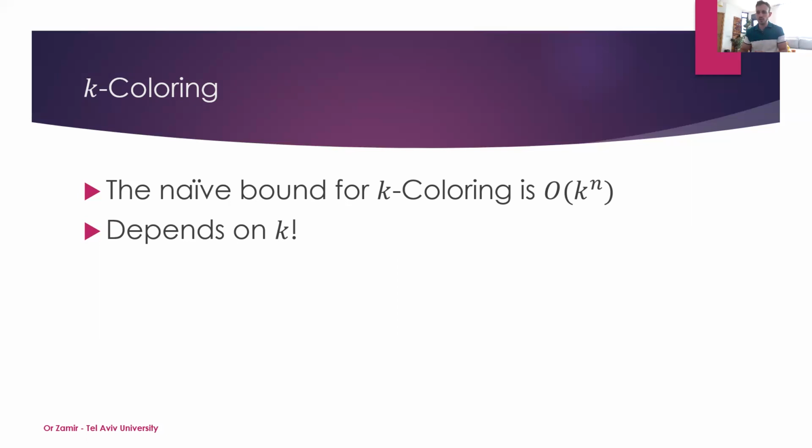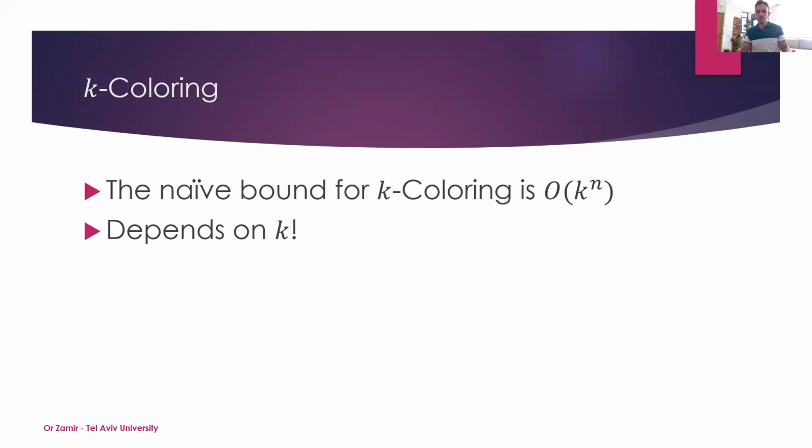We always had just n binary variables to assign values to. Nevertheless, in the case of k coloring, the size of the solution space grows with k. So the naive bound for k coloring is actually k to the n, because I have n vertices and every vertex can be colored with k colors. So this depends on k and grows with k.